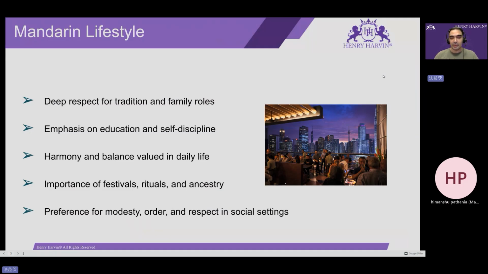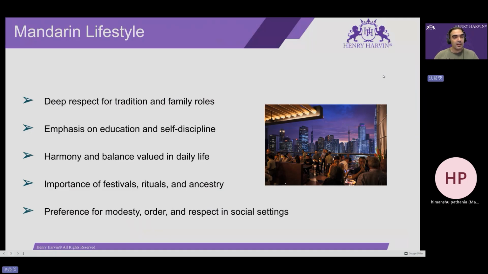It is obvious when you interact with people from the Chinese speaking community that you can see these principles being applied in their daily life.